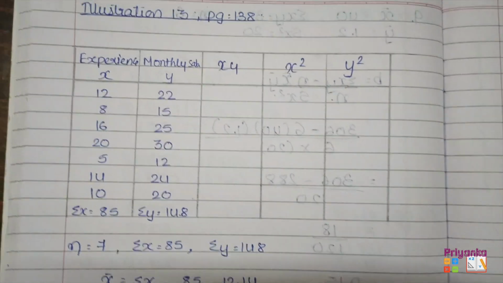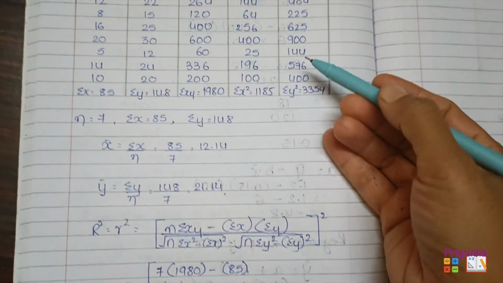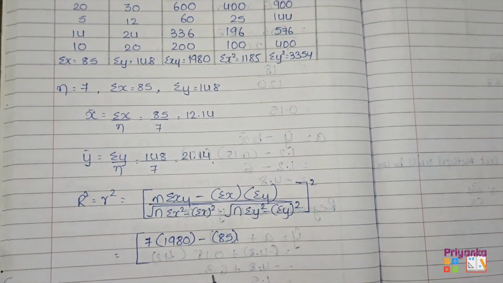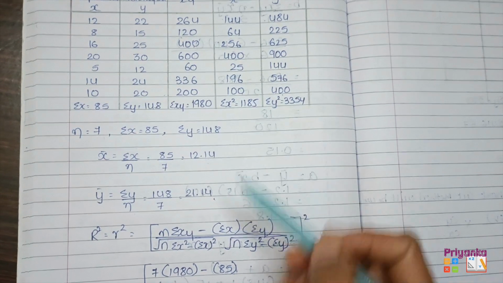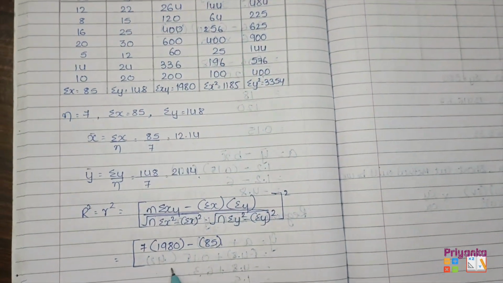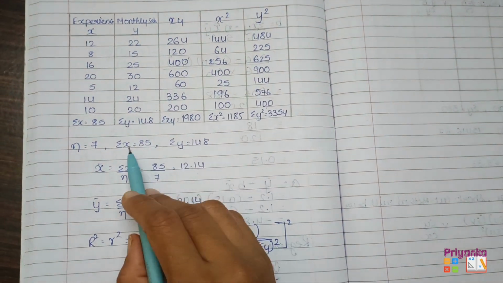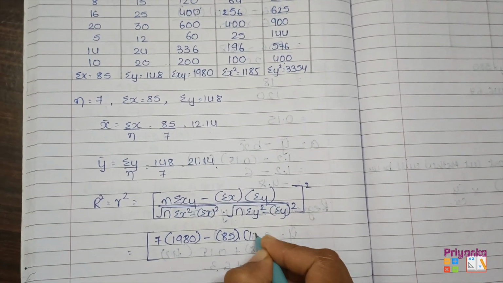After finding the columns, the next step is to put the information we have found into the formula. n is 7, that is the number of observations, then sigma xy, that is the total of this column, 1980, and sigma x and sigma y, which we have already found, 85 and 148.